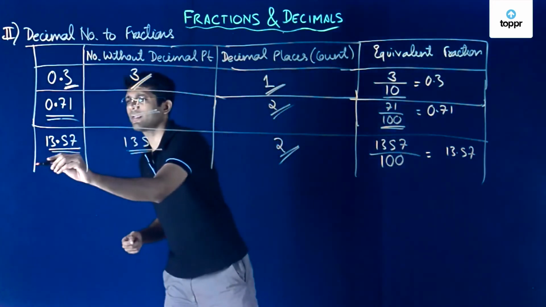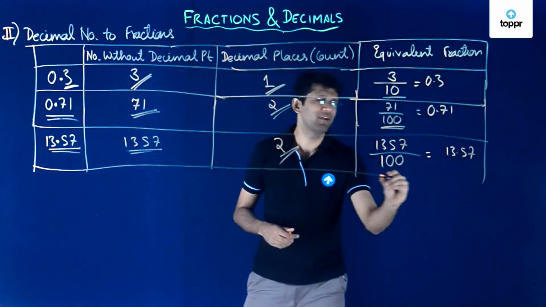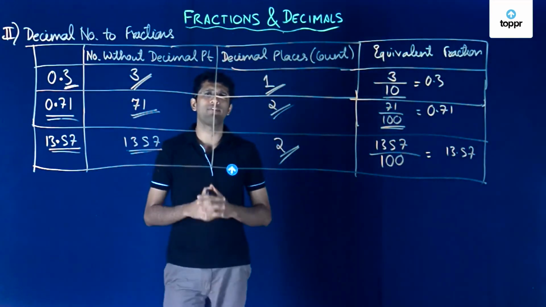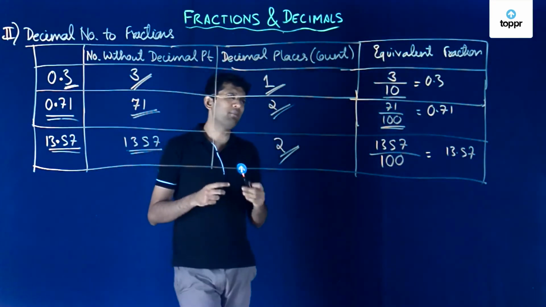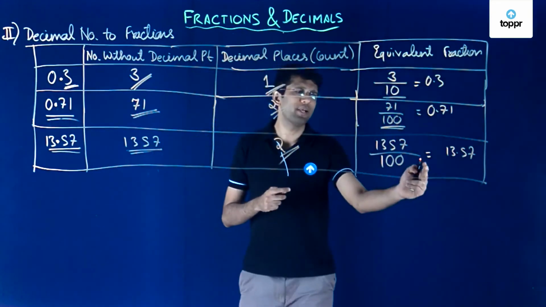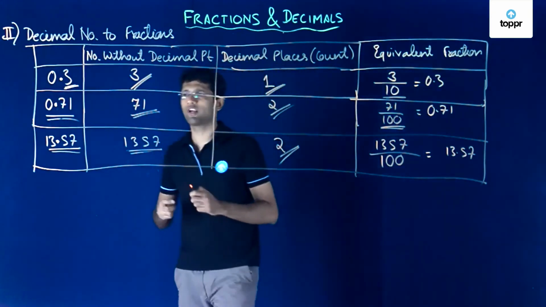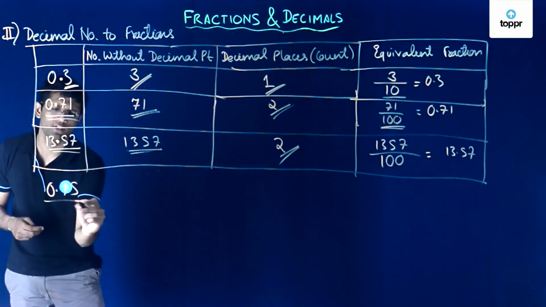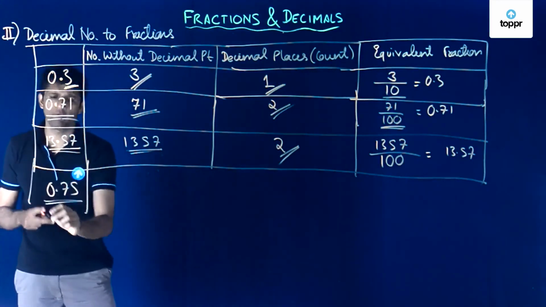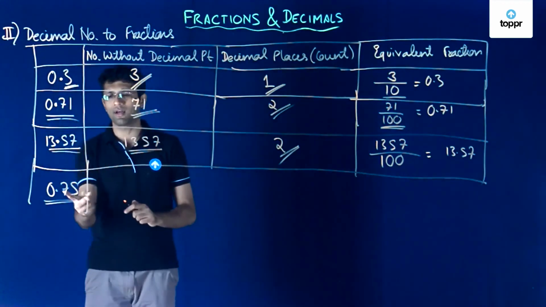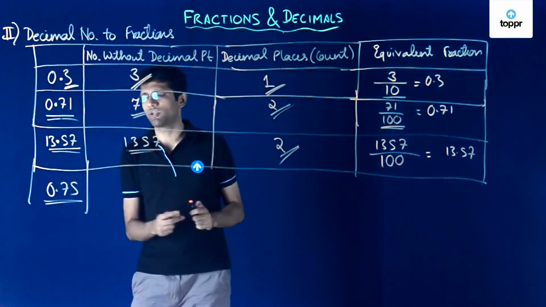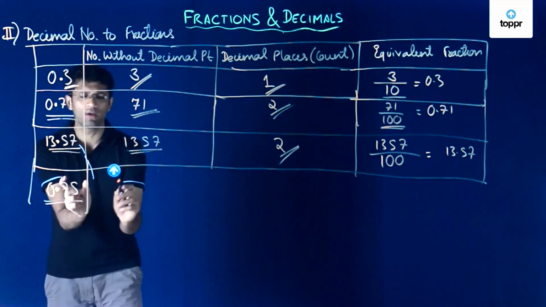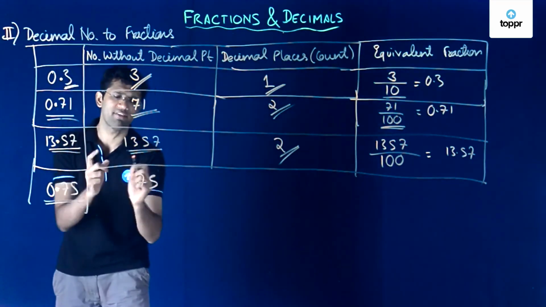So in this manner we can convert a given decimal number into a fraction by dividing by the correct power of 10. Note that in some cases the numerator and denominator can be further simplified. For example, take a number such as 0.75. This again is a decimal number, and if we want to convert it into a fraction, we follow the same procedure. We first discount the decimal point and write the number without the decimal point, which in this case is 75.